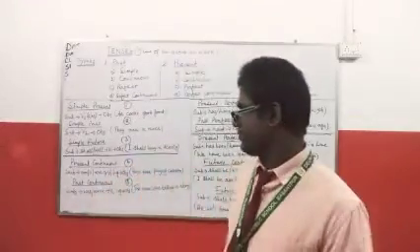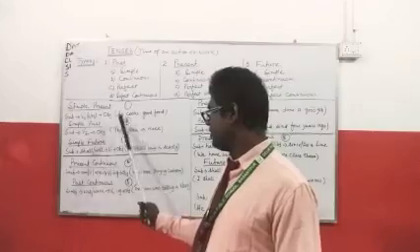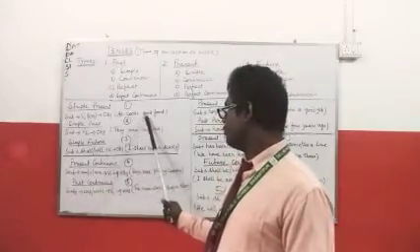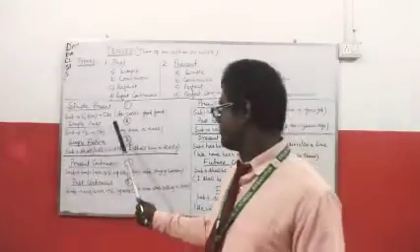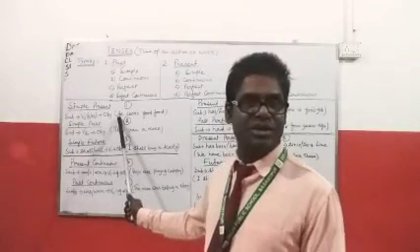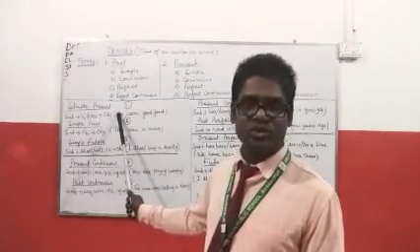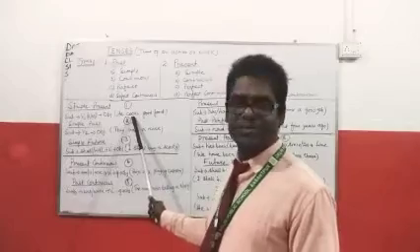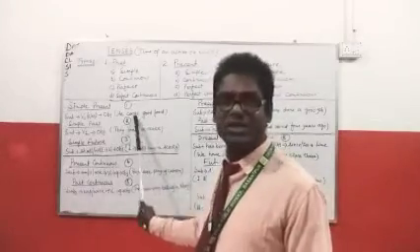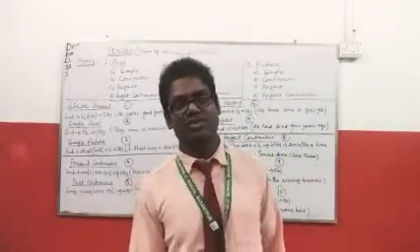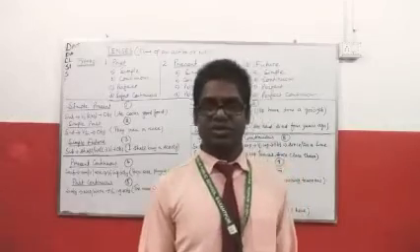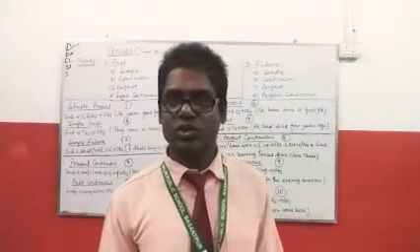Okay? Here one example is given: he cooks good food. He is third person and he is singular number. That's why what should we do? Cook is the verb and the last letter is consonant k, so we must add s to the verb. So there will be cooks, not cook.